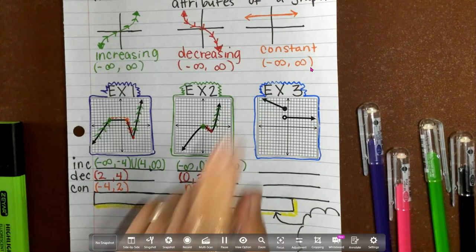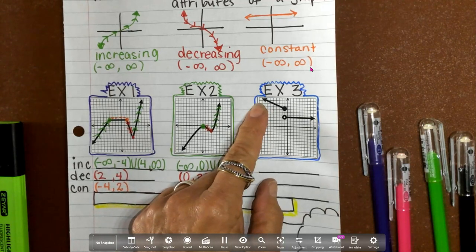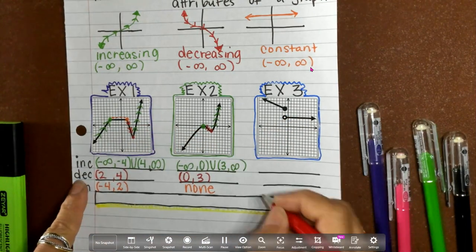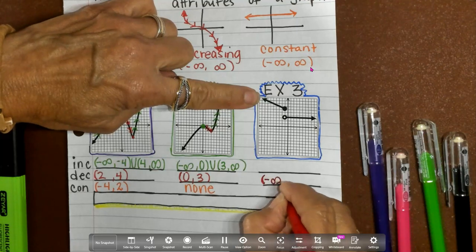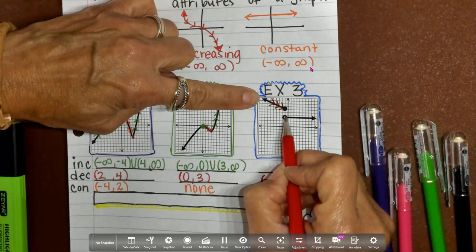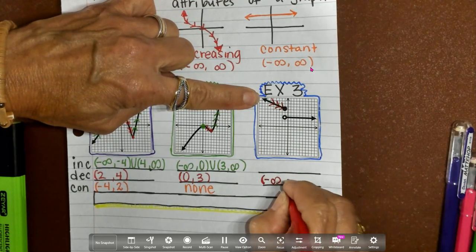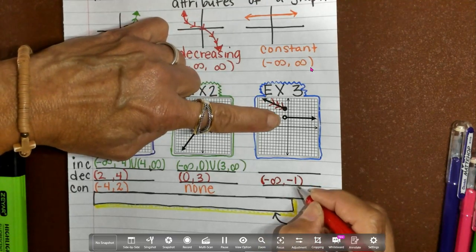All right, here we go. Reading my graph sentence from left to right, the first thing I see is a negative arrow, but the graph is going down. So this graph is going to be decreasing from negative infinity all the way up to whatever x value this is, and this x value appears to be negative 1. And then we're going to pick up again.